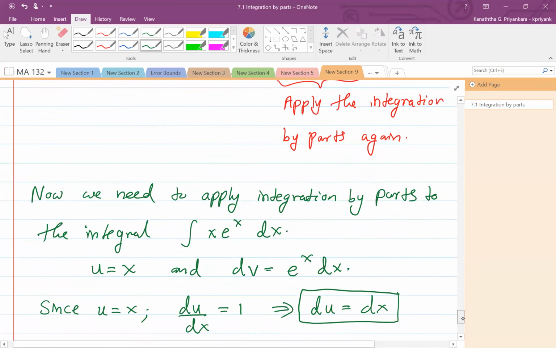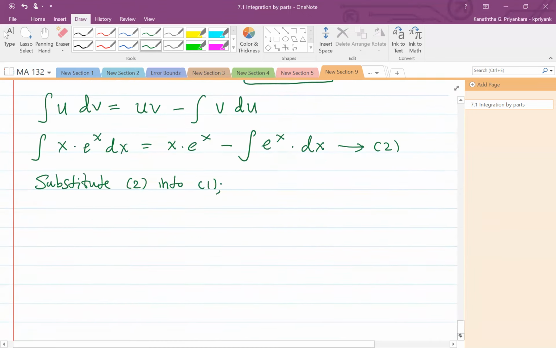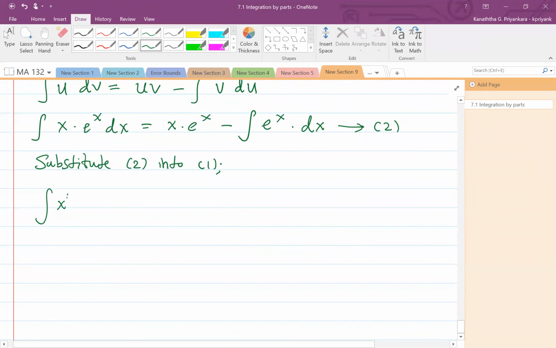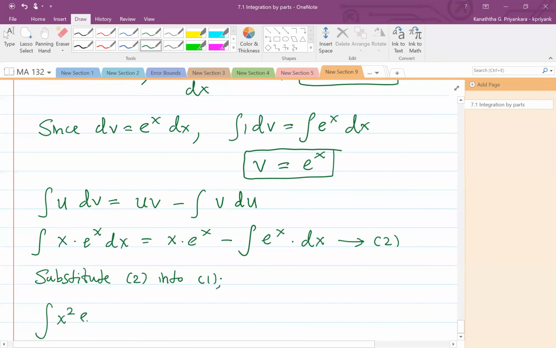Then I get, so we have integral x squared e to the power x dx.